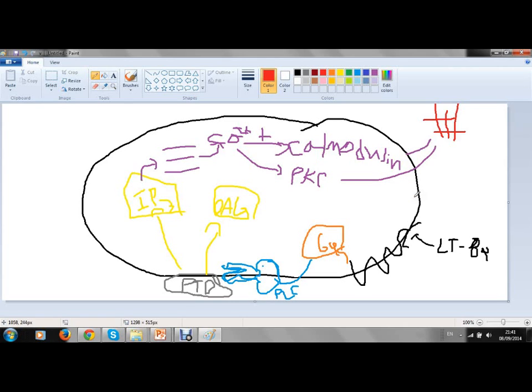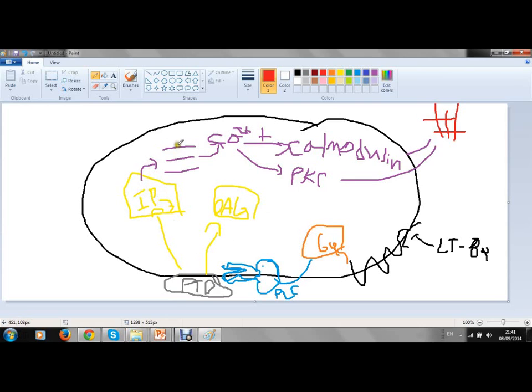So again, recap: leukotriene B4 stimulation of serpentine receptor will couple with GQ protein, will stimulate phospholipase C enzyme, which will break down phosphatidyl inositol diphosphate, part of the membrane of the neutrophil, to diacylglycerol and inositol triphosphate.